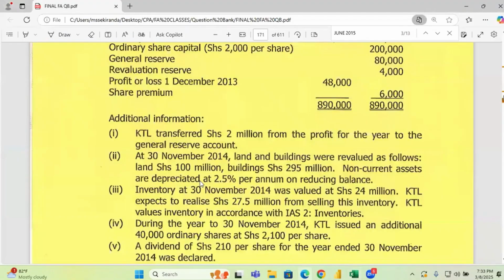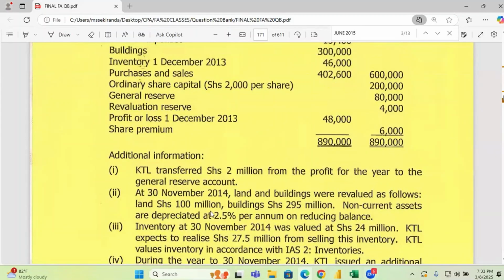Note number 2. At 30th November 2014, land and buildings were revalued as follows. Land was revalued to 100 million and buildings were revalued to 295 million. And they're telling us non-current assets are depreciated at 2.5% per annum on reducing balance. So the main issue here is revaluation.